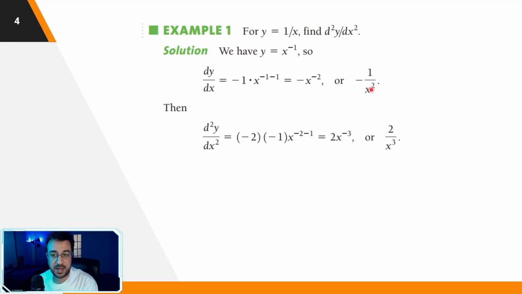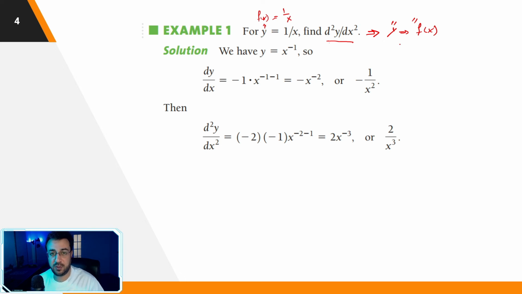Now let's take an example. You have here y equals 1 over x. Find the d squared y over dx squared. What he is saying is find me the y double prime, or find me the f double prime of x, knowing that f of x equals 1 over x.